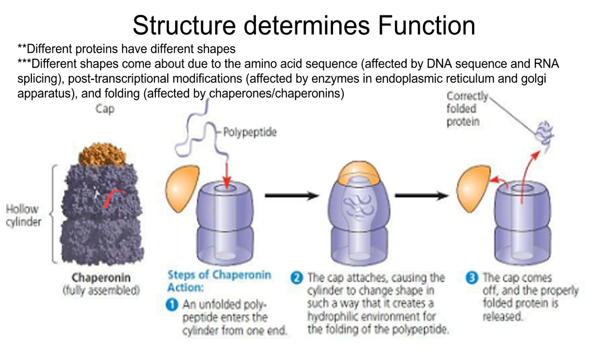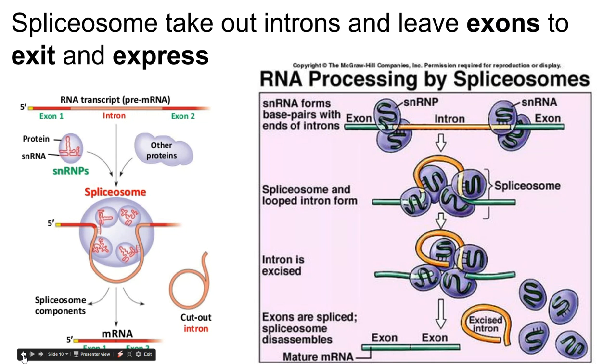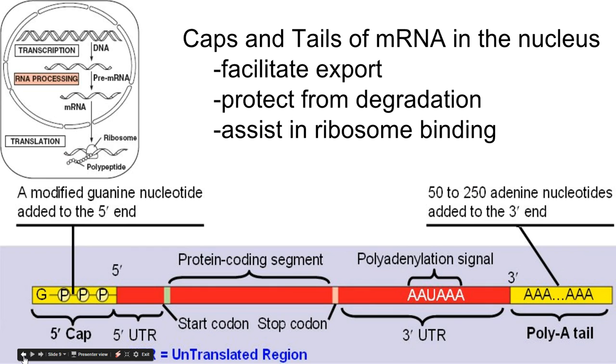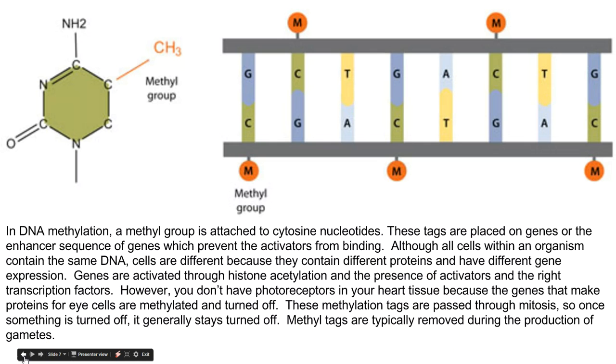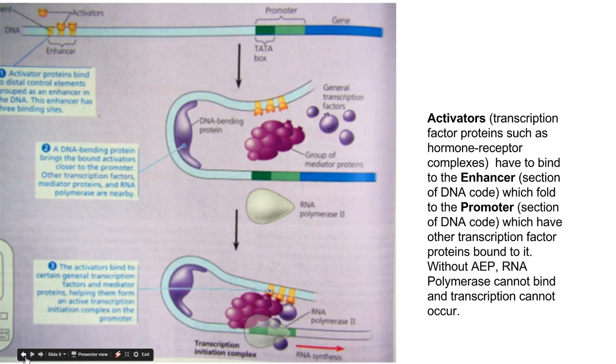If you mutate the gene that's in charge of the chaperone or the chaperonins, you're going to change the way it's folded, which then changes the expression. And again, because proteins do so much, any point you change the proteins here, you're going to change the expression. You mutate this, you're going to change the expression. You mutate the activators, you're going to change the expression. You mutate any transcription factors, you're going to change the expression of this gene.